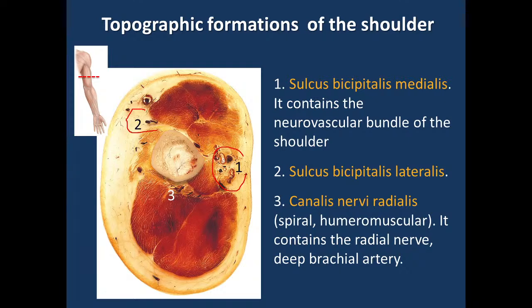Sulcus bicipitalis lateralis, there is only one vein in this sulcus, and a very deeply located brachiomuscular canal, because inside this canal we could find the radial nerve, sometimes with the deep brachial artery.